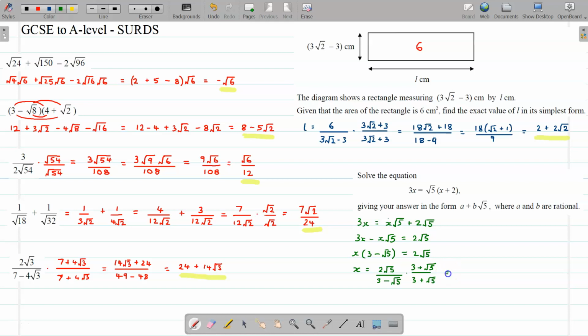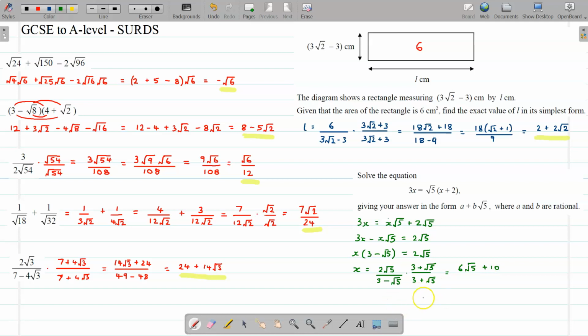Let's do the numerator first. 2 root 5 times 3 is 6 root 5. And 2 root 5 times root 5 is 10, so it's plus 10.